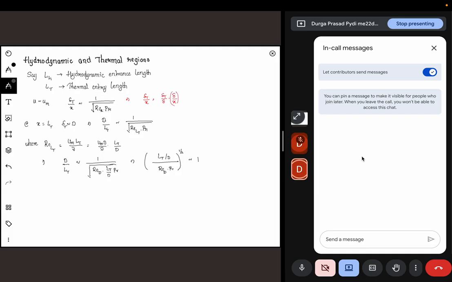We know that delta by x will scale as, the first one is 1 by Prandtl to the power half, and the second one is 1 by Re_x to the power half. That is what we are writing here.